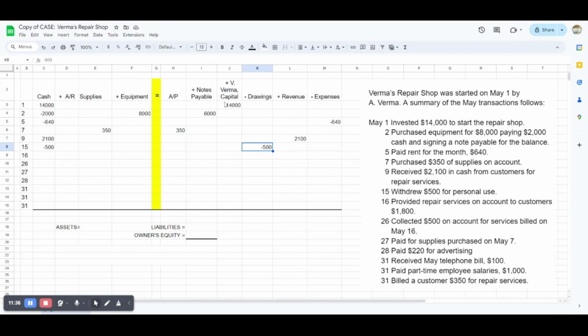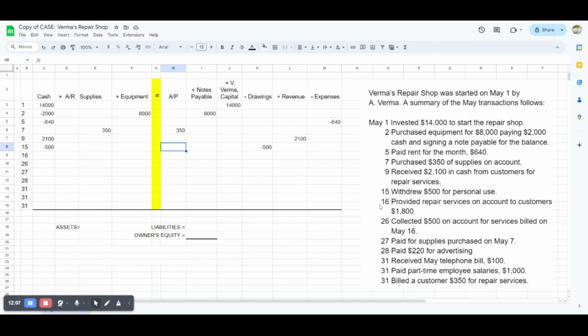So owner's equity is decreasing because you're taking money out and you're using it for personal use. So whenever this happens, drawings decreases by 500. Drawings will decrease if you're using something for personal use. And as you can see, it's balanced. There's negative 500 on the asset side and negative 500 on the liabilities and owner's equity side.